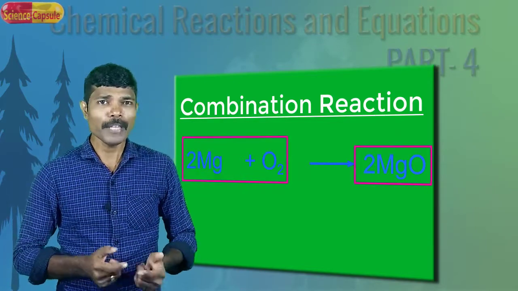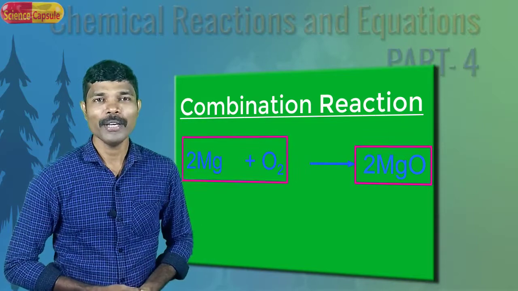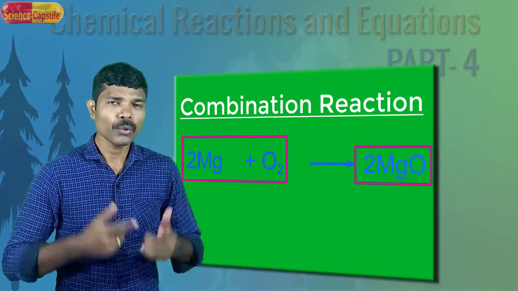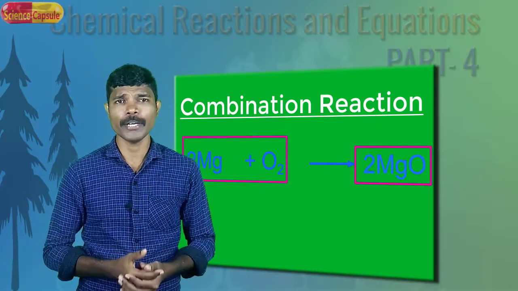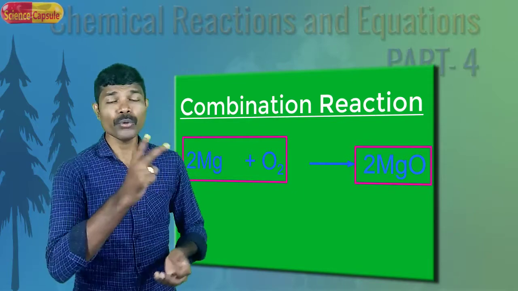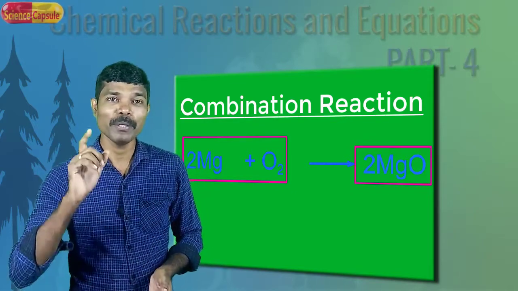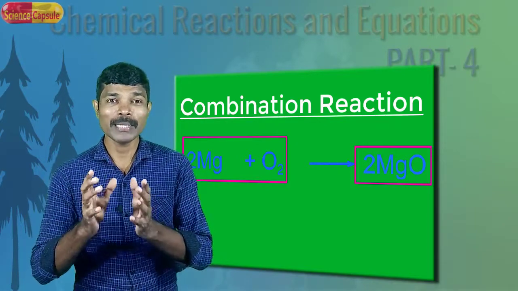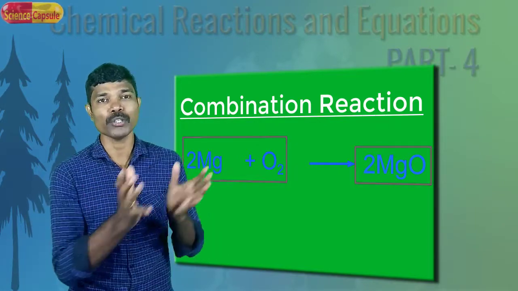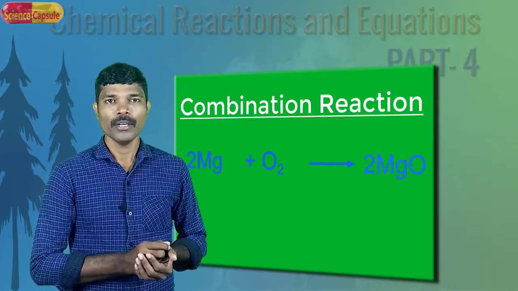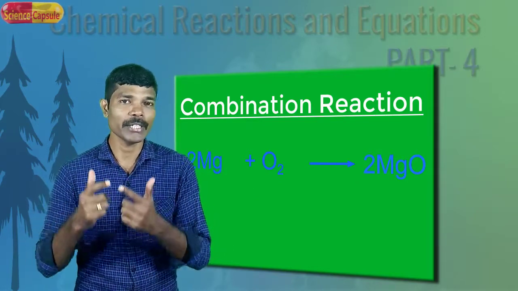If the reaction is so, we call it a combination reaction. Whenever you learn about combination reactions, there must be two or more reactants and the product must be one, or the product must be complex with respect to the reactant species. This is what a combination reaction is.